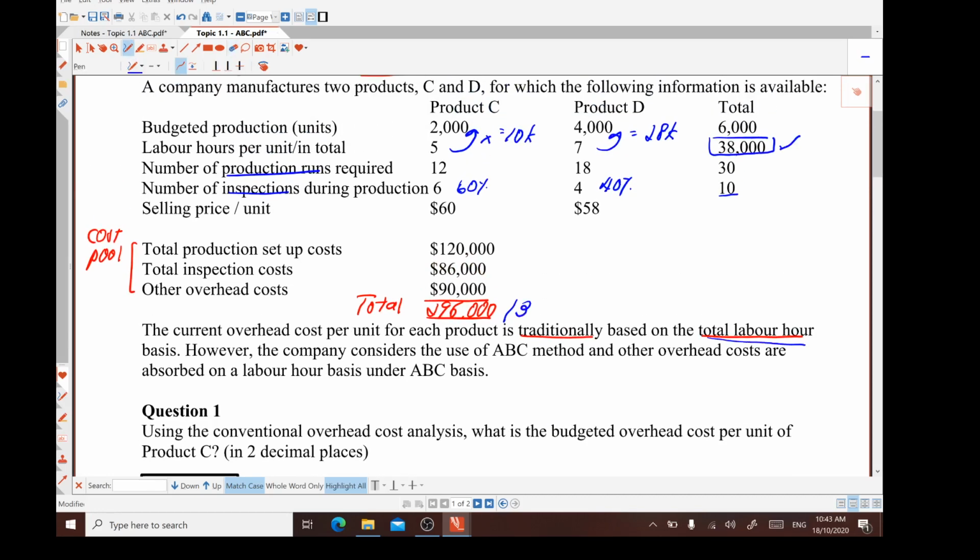I think that's 38. So that's how you derive at the OAR under the traditional method, and we will normally apply 2 decimal places, and that's like 7.79 per labor hour in this case, and that's the first part.